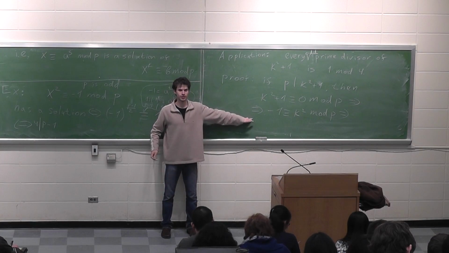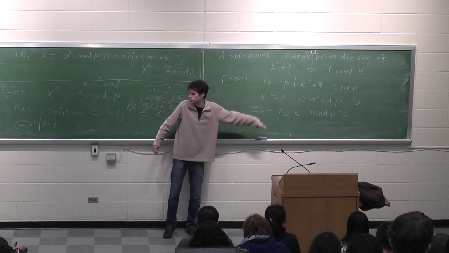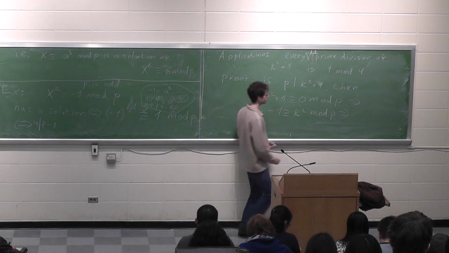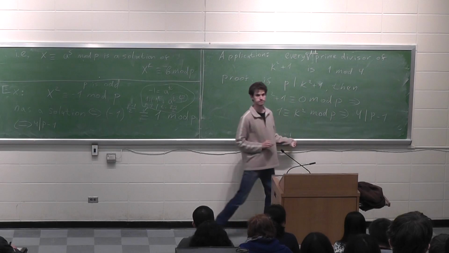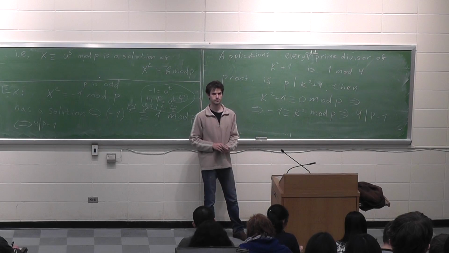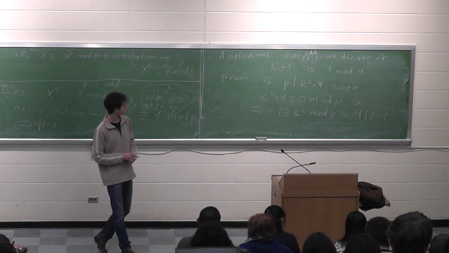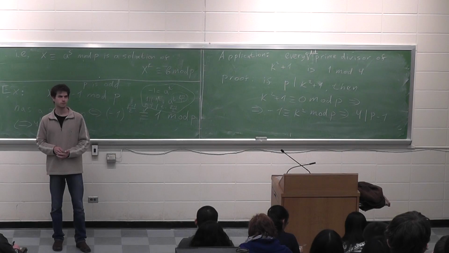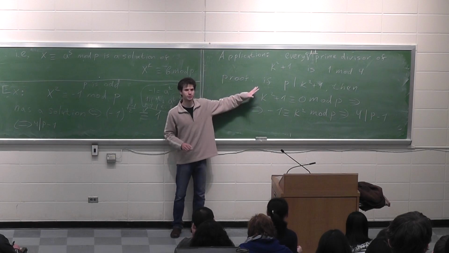And now if I know that minus 1 is a square of something, if I know that this congruence has at least one solution, well, here's what I can conclude. 4 divides p minus 1. Okay, so it almost works like magic.